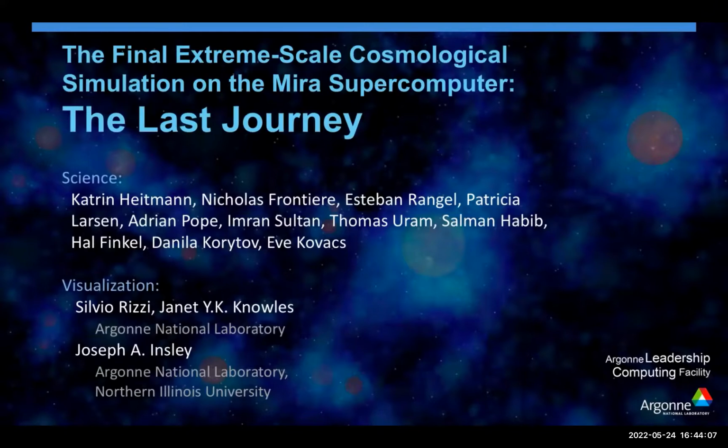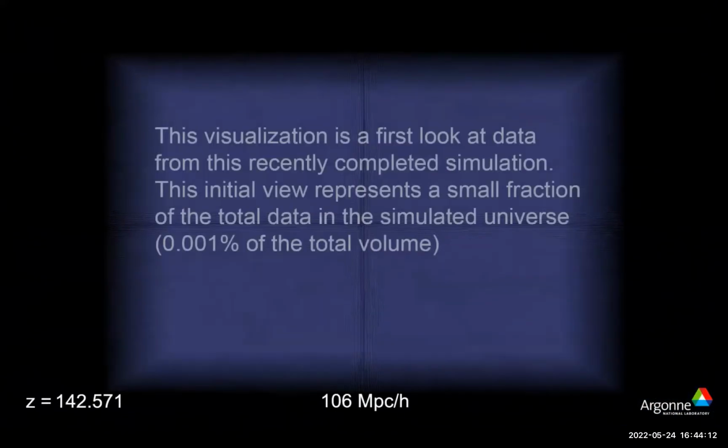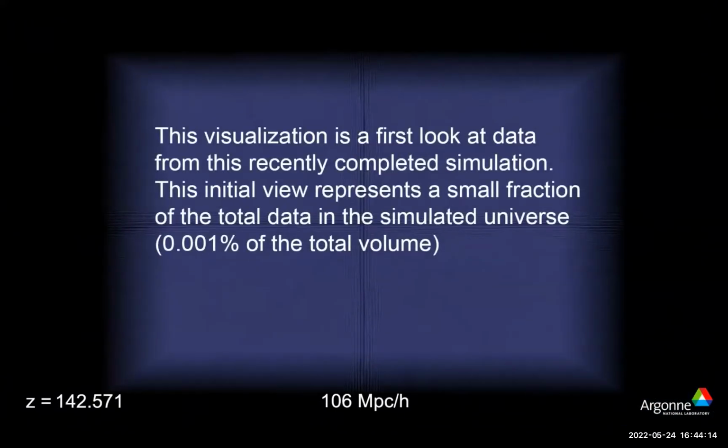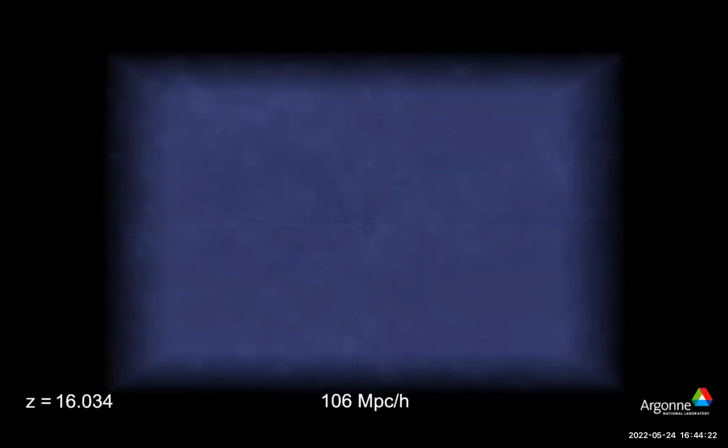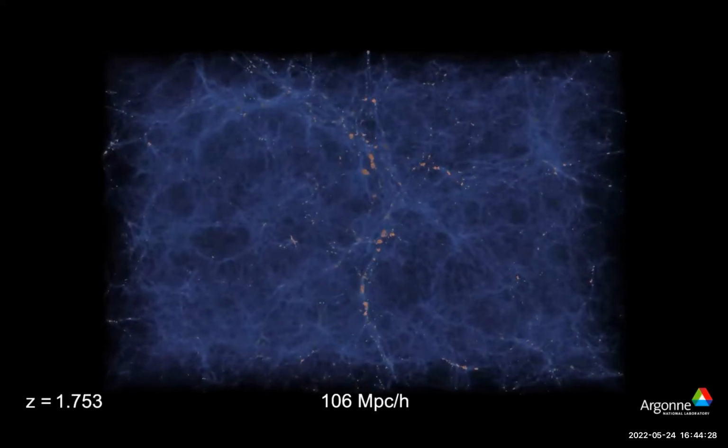So you have a mention here to the science team, the entire science team at the time. And starting from the first time step, you can see on the bottom left, this parameter Z represents the time step, or in science terms, it's a redshift.